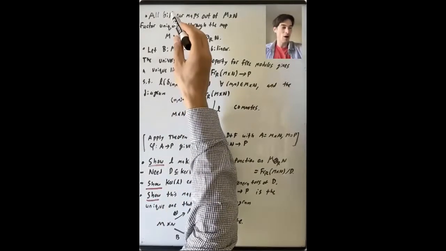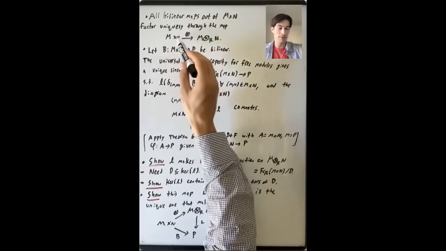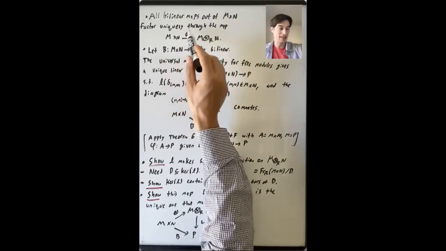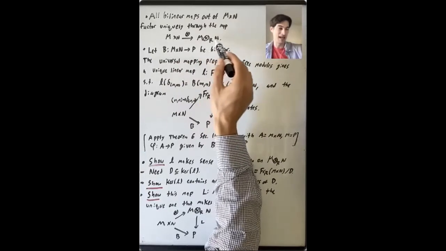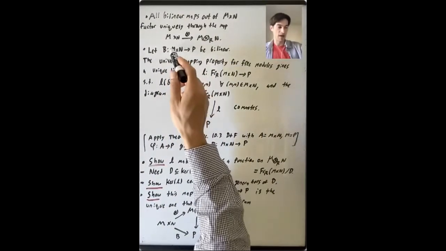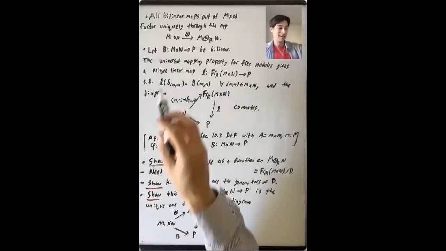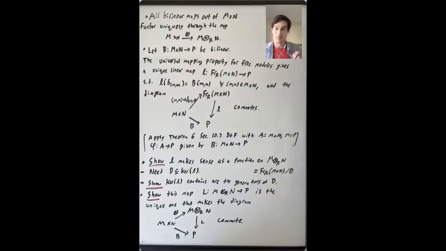We need to know that all bilinear maps out of M × N factor uniquely through the map from M × N to M ⊗ N. Concretely, let's take a bilinear map from M × N to P, and call it B. The idea is to use the universal mapping property satisfied by free modules in order to understand maps out of the tensor product.